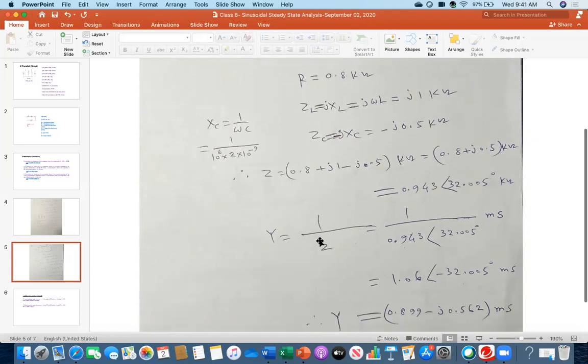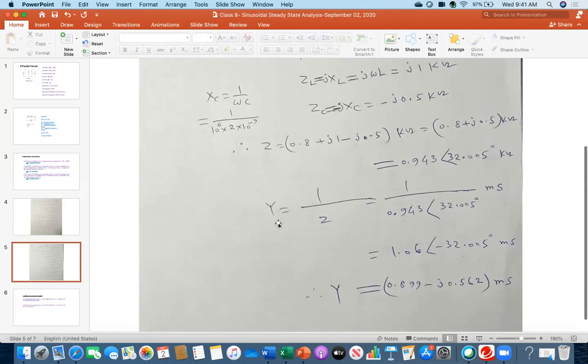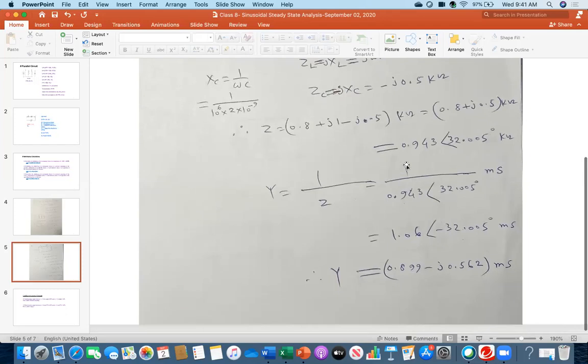But my problem was to find the admittance, which is Y, 1 over Z, which is 1 over this number, in millisiemens. I am getting 1 over this number, approximately 1.06. And this angle is going in the numerator, so it became minus, according to phasor algebra.